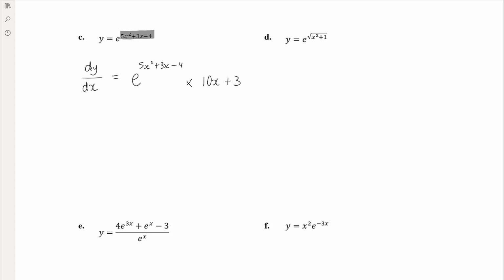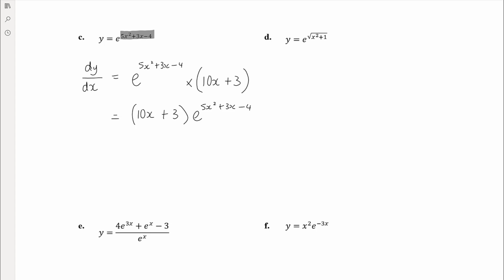Now remember, if there's no brackets around this, it isn't correct. You're multiplying by all of that derivative, so it must have brackets, because it says something different if there aren't brackets. We would probably write that as 10x plus 3 times e to the power of 5x squared plus 3x minus 4, but it's not incorrect to leave it at that first line.